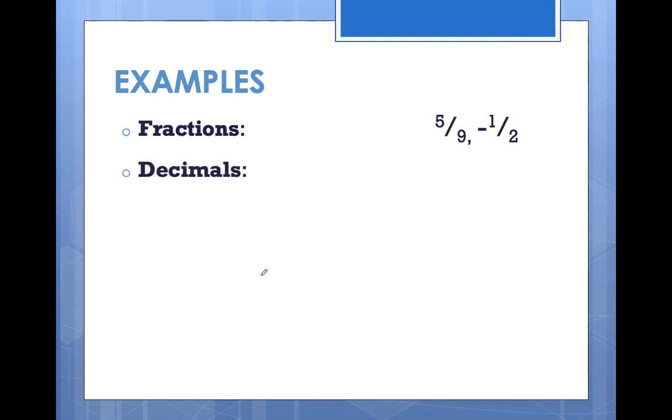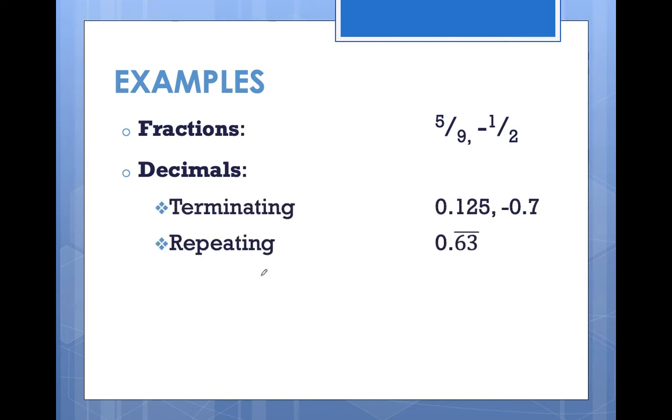Decimals can be written in the form a over b, but only specific types of decimals. They are terminating decimals and repeating decimals. So terminating, for example, you have 0.125 or 125 thousandths is a terminating decimal, and -7/10 is also a terminating decimal.